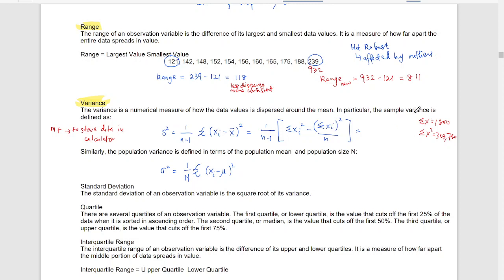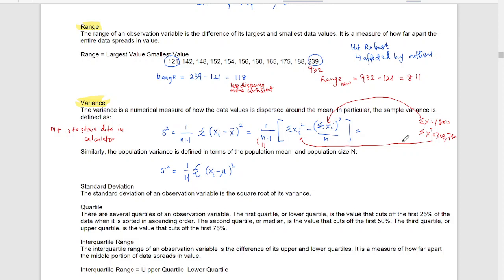So what you need to do is just simply replace these values in the formula and calculate the variance. In this situation, you know that the value of n here is equal to 11, so 11 minus 1.